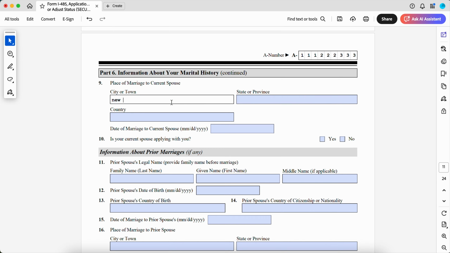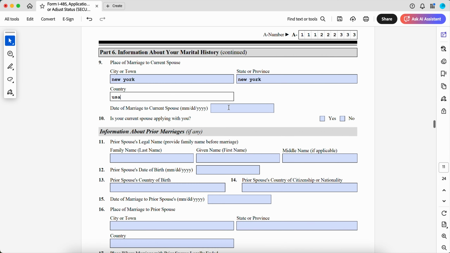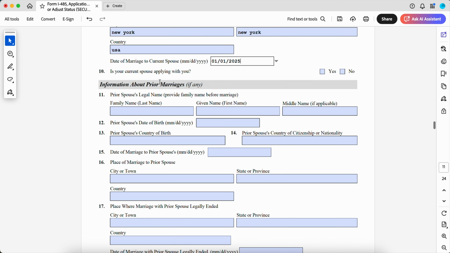For example, let's say New York again. And the date of your marriage. And is your current spouse applying to you? Your spouse is American, so he or she is not applying with you.